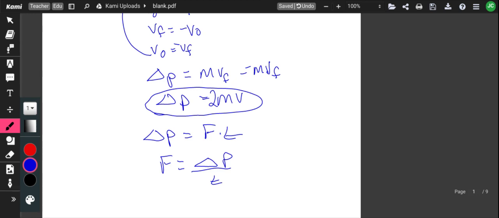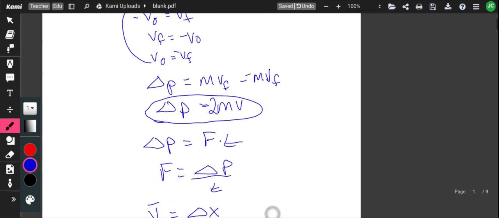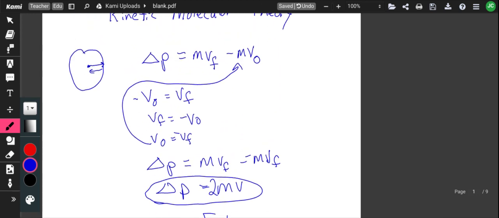Now, with that, we also know that the average velocity is equal to the change in position divided by time. Now, I want you to think about this collision here. An object comes in, and then it comes back to where it came from. That means that it would be x in, and it would be x out.